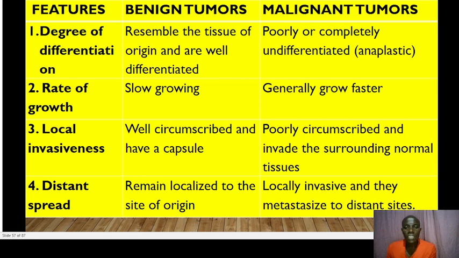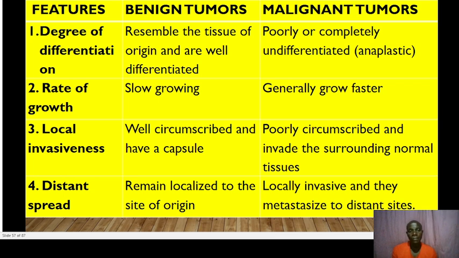So in terms of degrees of differentiation, you find that benign tumors normally resemble the tissue of origin and are well differentiated. It means they look like the normal cells. But malignant tumors are poorly differentiated or completely undifferentiated, anaplastic. They are different from the original cells. In terms of rate of growth, benign is slow growing, while malignant generally grows faster.